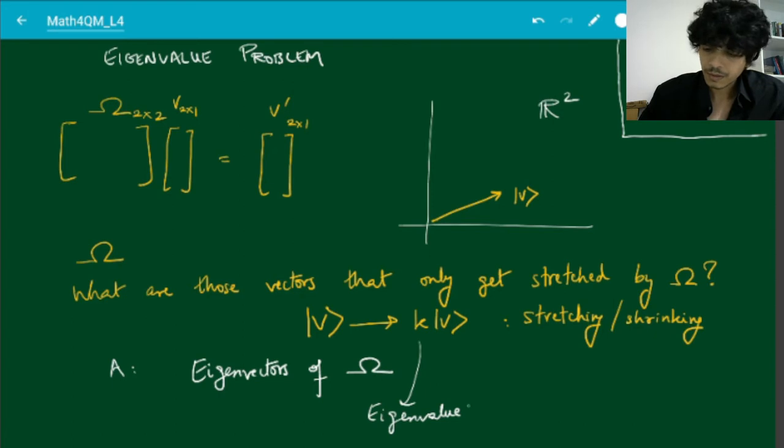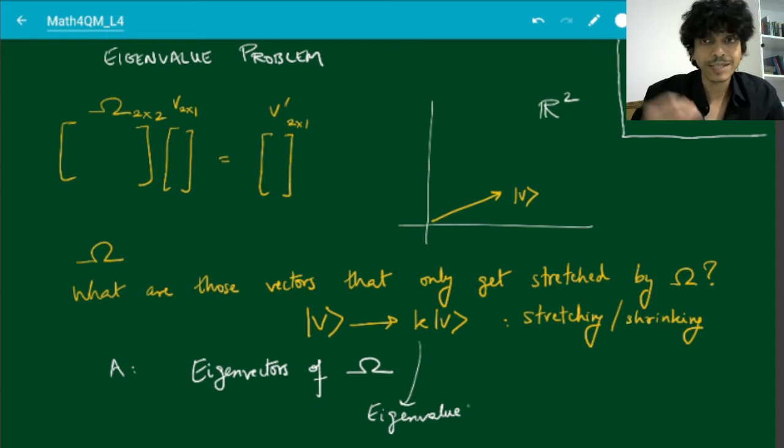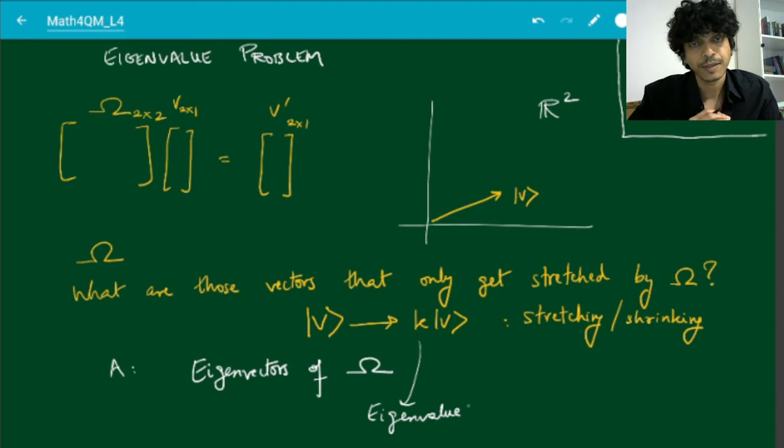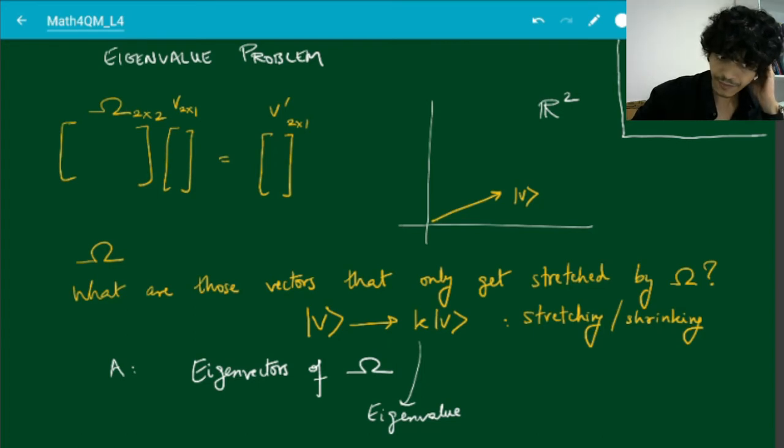Okay, so basically, given any kind of operator, here we're talking about matrix operators, we want to find out what are those vectors or those directions in your vector space which will only get stretched or shrunk and not rotated or flipped. That is what we mean by trying to find the eigenvectors of a given operator.